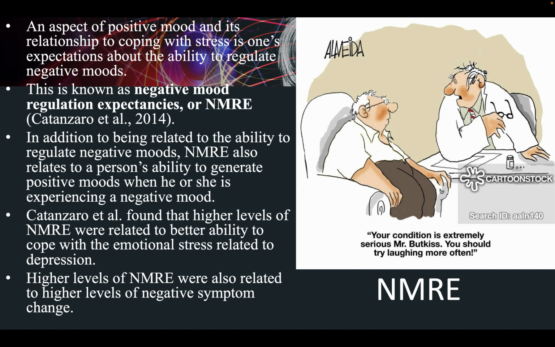In addition to being related to the ability to regulate negative moods, NMRE also relates to a person's ability to generate positive moods when he or she is experiencing a negative mood. Catanzaro et al. found that higher levels of NMRE were related to better ability to cope with the emotional stress related to depression. Higher levels of NMRE were also related to higher levels of negative symptoms change.